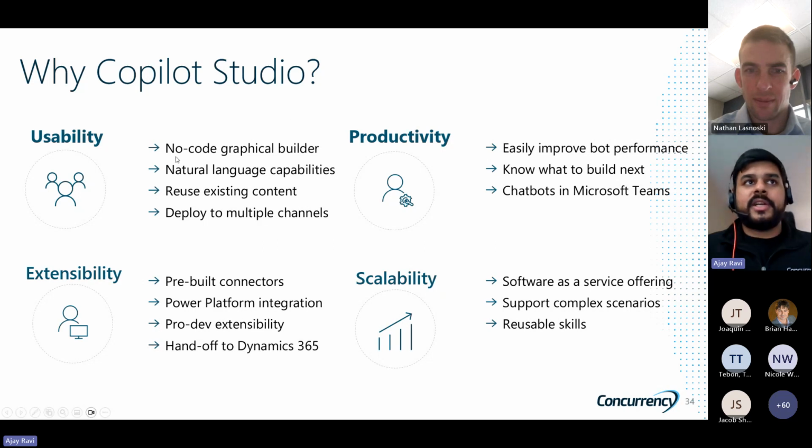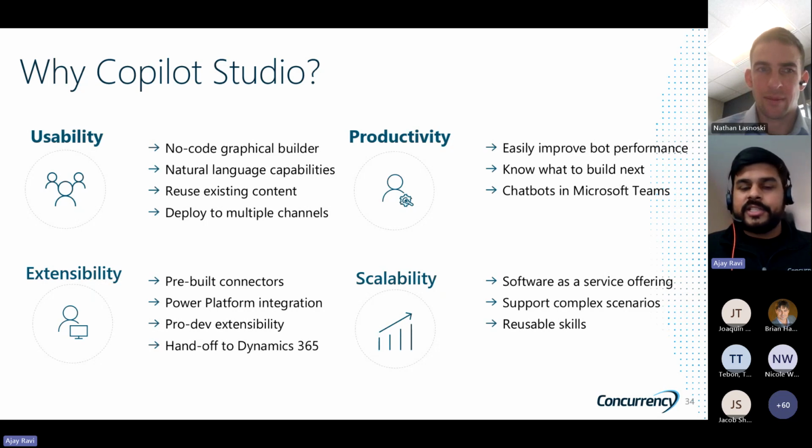All these things are done natively in Copilot Studio, and it has the ability to understand natural language, and it can reuse content. If you created one custom logic, you can reuse it throughout different contexts as well. That makes the life of the developers, or whoever is building the bot, easy as well.